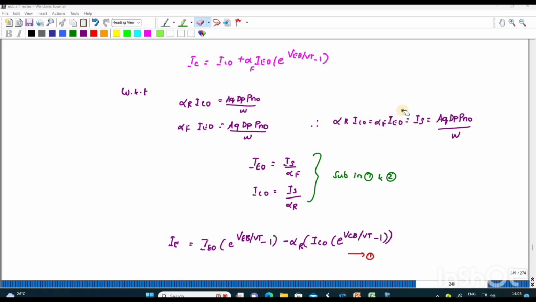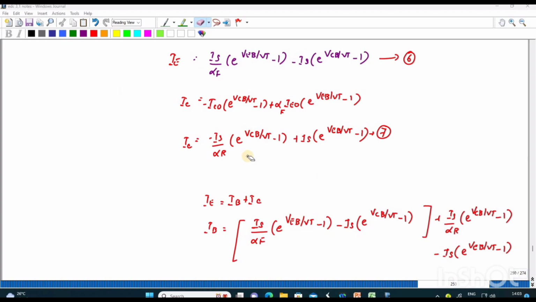From this equation I can write IE naught is equal to IS divided by alpha F, and IC naught is equal to IS divided by alpha R. I am going to substitute these two values in this equation.